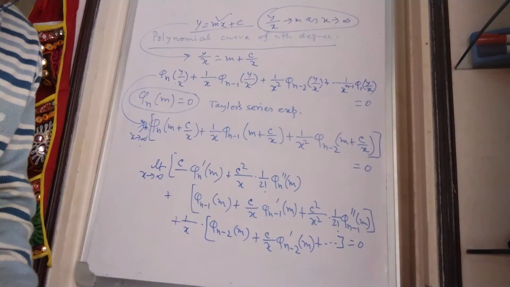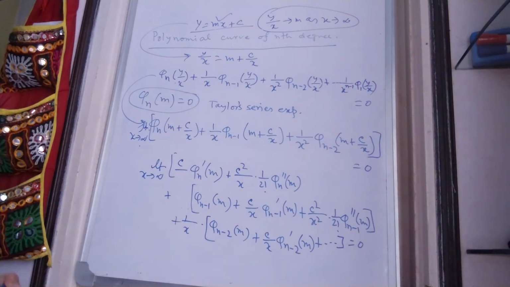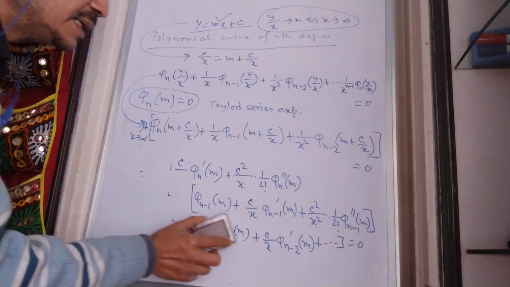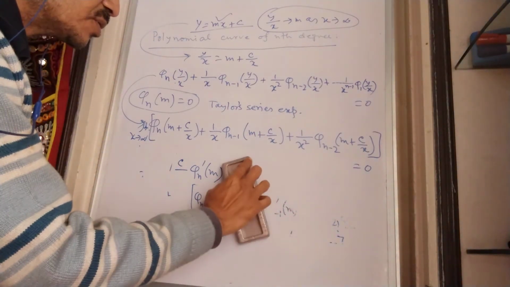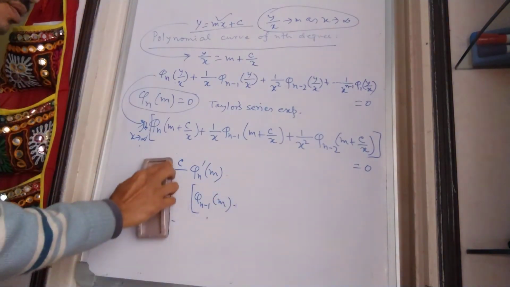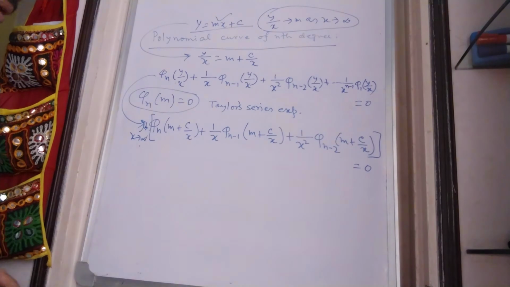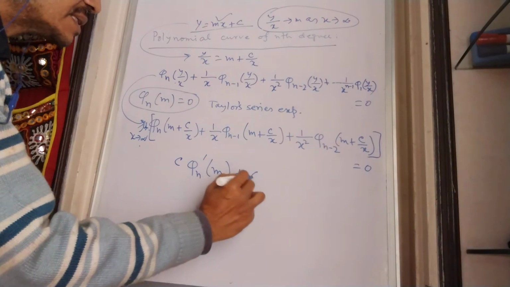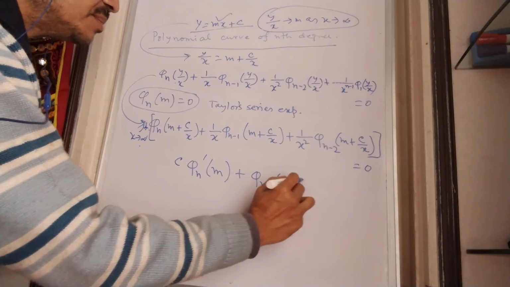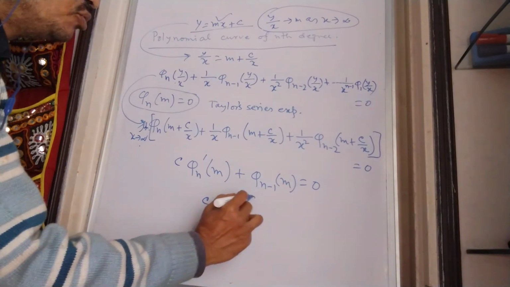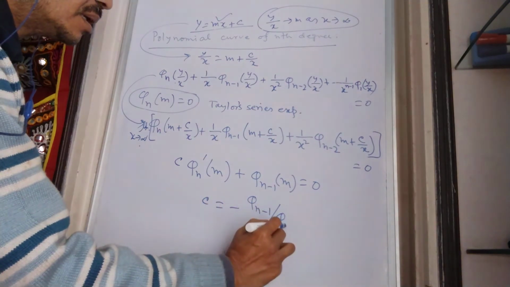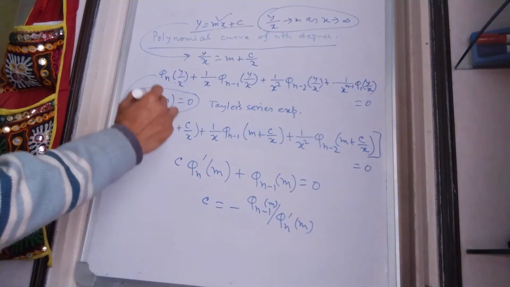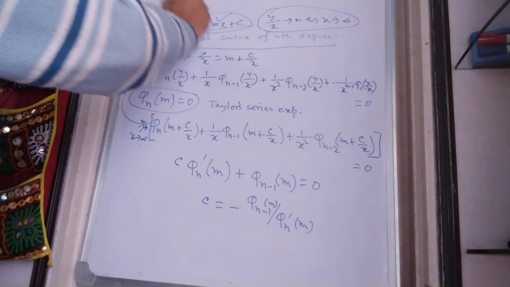Wherever 1 by x is there, we have 0. So we are left with, after taking the limit, only these two terms, and they become 0. So c phi n prime m plus phi n minus 1 m becomes 0, giving us the value of this, isn't it so? And we have the equation of asymptote.